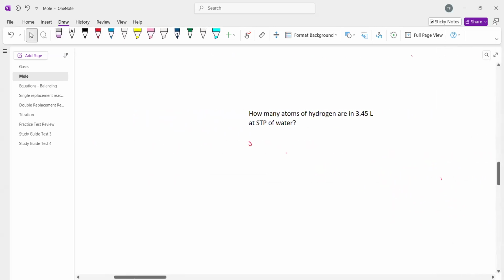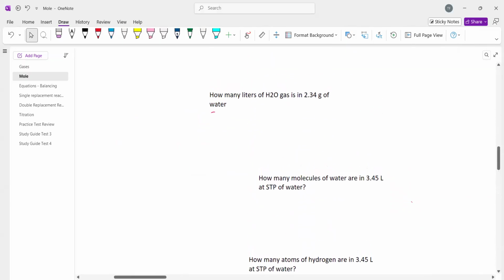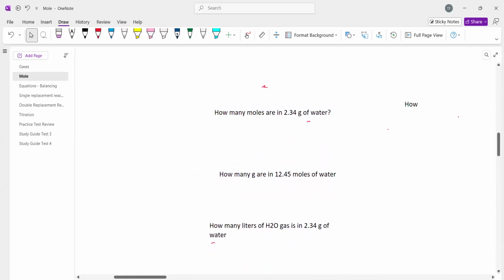Now, whenever we're doing these problems in unit 2 and unit 3, you have to have your periodic table out. Okay, so how many moles are in 2.34 grams of water? Okay, so what's given? 2.34, right.